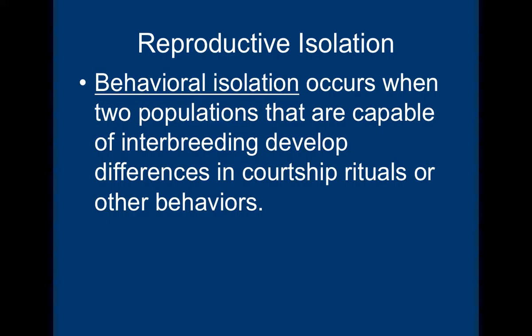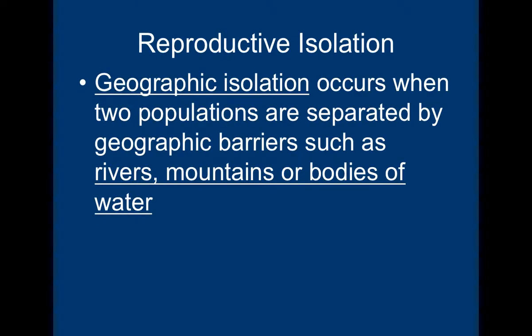This one is kind of difficult to have completely happen, but it does happen every so often. Probably a more common one on Earth is geographic isolation. Two populations get separated by geographic barriers like rivers, mountains, bodies of water, whatever, and therefore they physically can't reach each other to interbreed. Because they can't, we get that splitting a lot sooner.